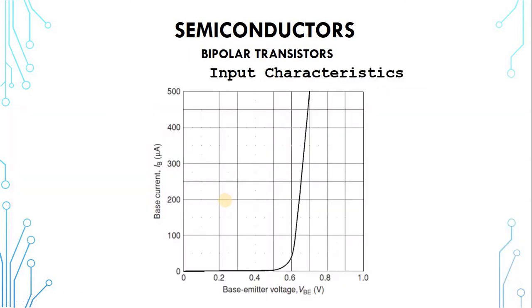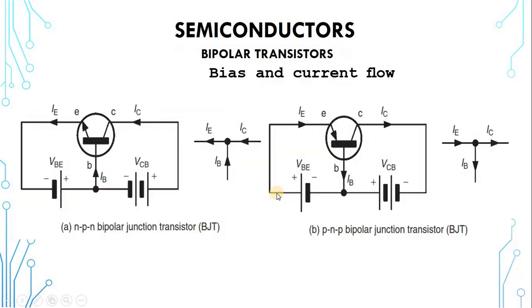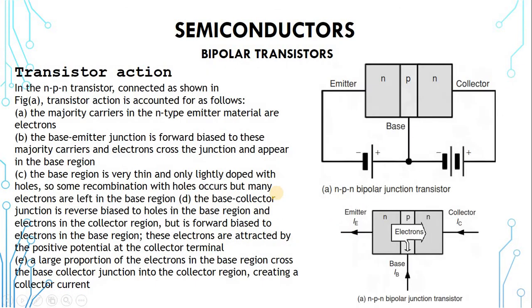To round up this part of our lectures in electronics, we are going to start with the introduction to amplifiers, which means that we are looking at how the transistor can be used as an amplifier. Already, the transistor action has given us an idea of amplification, because we have electrons here, holes here, electrons here, and since this is forward bias and this is reverse bias, the electrons here are pushed to fill holes here.